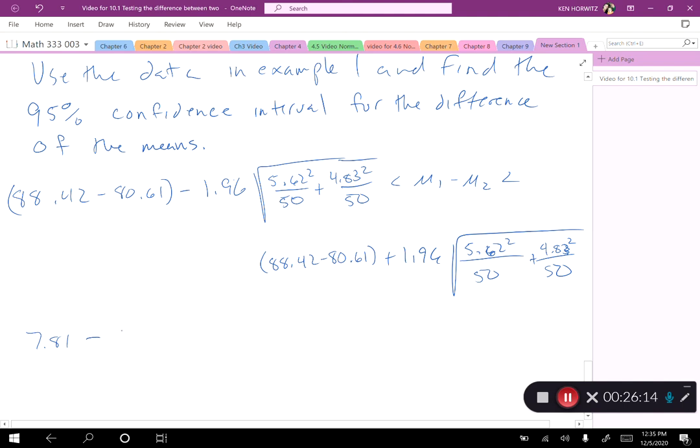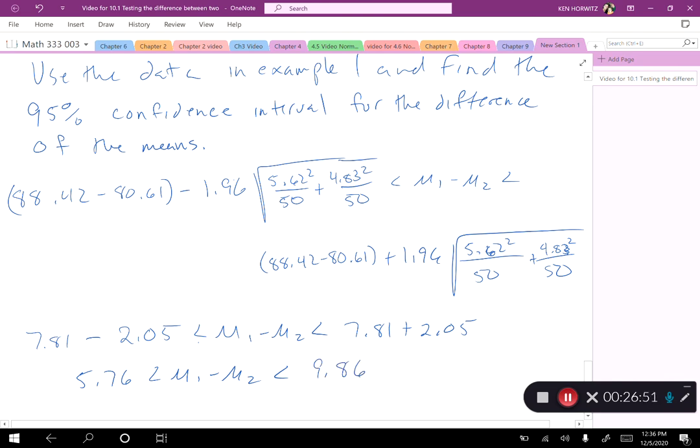I got 2.05, so I'm going to subtract 2.05, mu1 minus mu2. All right. So, and then I have 7.81 plus 2.05. And when we wind up adding and subtracting, I get 5.76, which is less than mu1 minus mu2, which is less than 9.86.